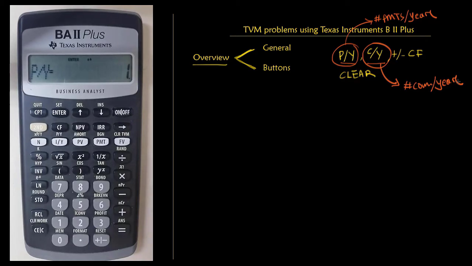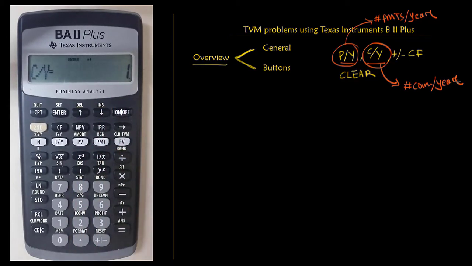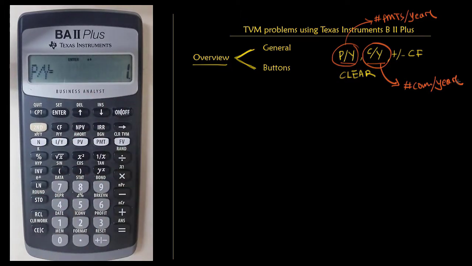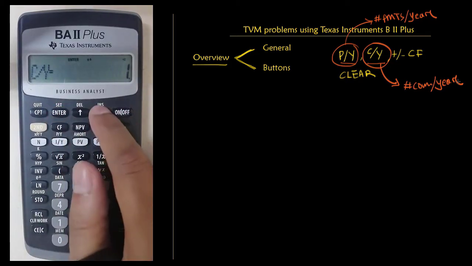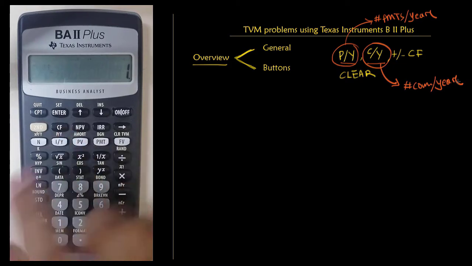It will bring you to a menu where you can set P/Y and C/Y. In my case, it's already set to 1, so I don't have to do anything. But if it is set to any other value in your calculator, what you do is you press 1 first and then you press enter, and go back to this again, press 1, press enter.